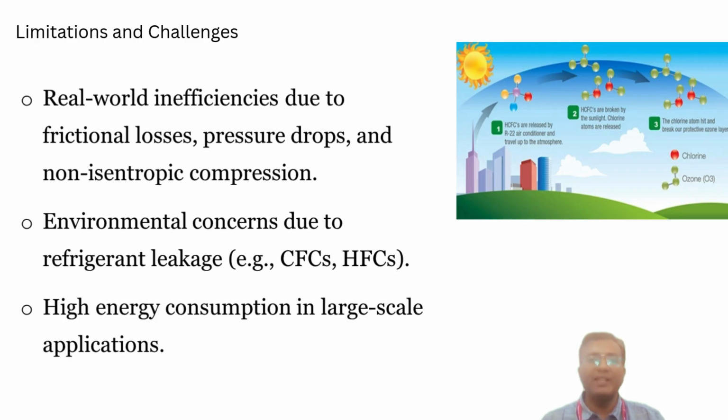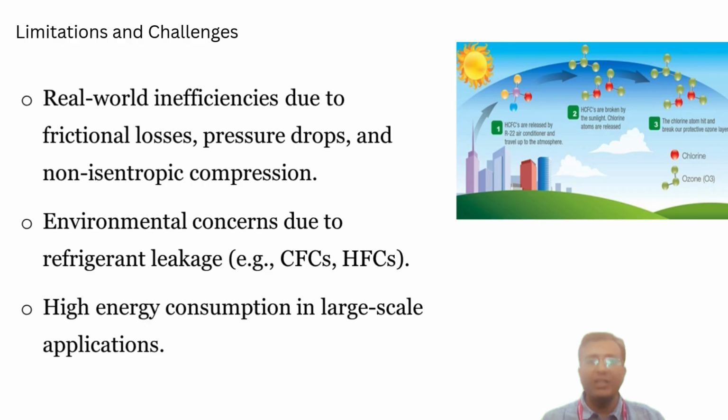Okay, because there are problems such as friction losses in the pipes and in the compressor, and this friction consumes energy, due to which the efficiency of the real vapor compression refrigeration cycle is less as compared to the efficiency of the ideal cycle.